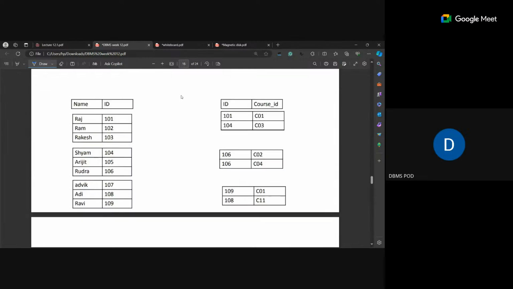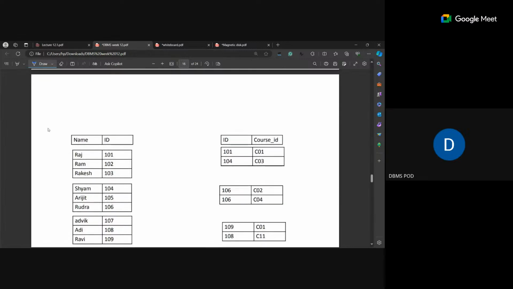Let's go to the block nested loop join. First, Raj 101 will check with the first tuple. If it matches, it will add to the result. Then Raj 101 will check with 104. If it matches, it will add to the result.